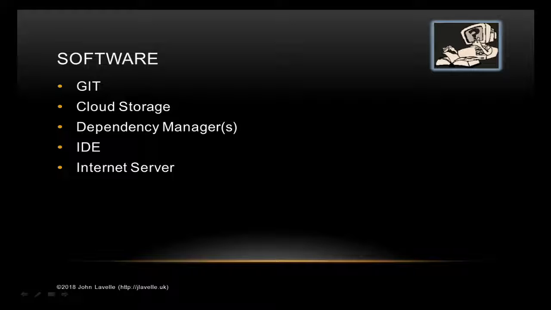Again, these are all available for Windows, Mac, and Linux, so it doesn't matter which operating system you're using. The IDEs, the dependency management, the cloud storage, Git, the internet servers, everything that we put on are for all the different systems.